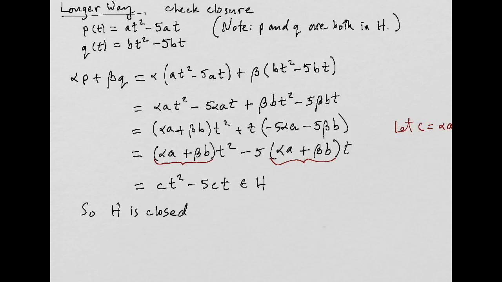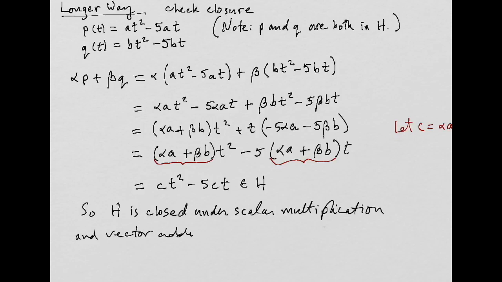What we've just demonstrated here, showing that this polynomial is in H, is that H is closed under scalar multiplication and vector addition, and is therefore a subspace of P3.